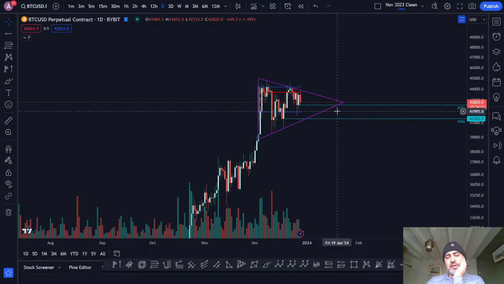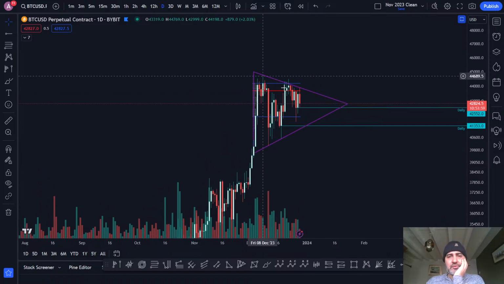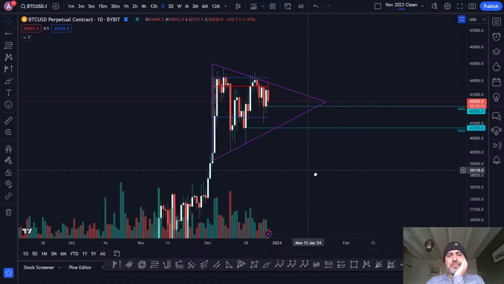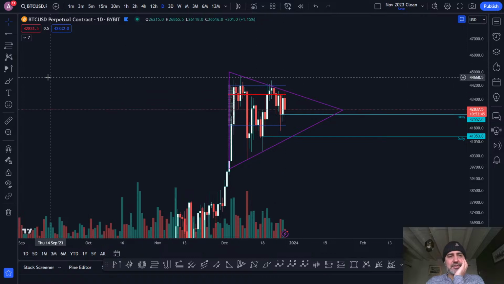One thing for sure is these kinds of triangles have crazy breakouts because you have higher lows and lower highs. And so what happens is you have a cascade of stop losses.